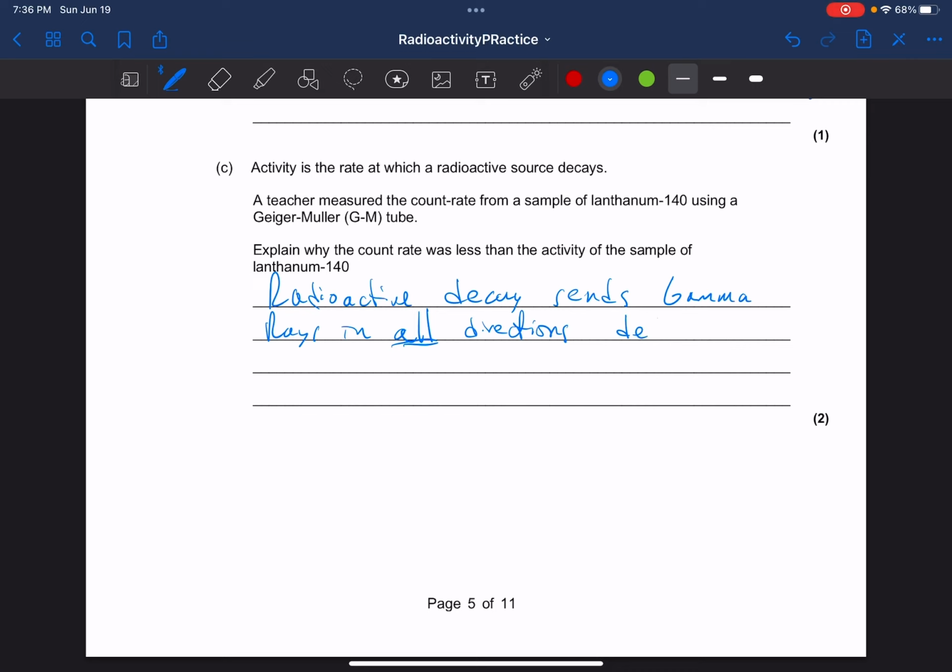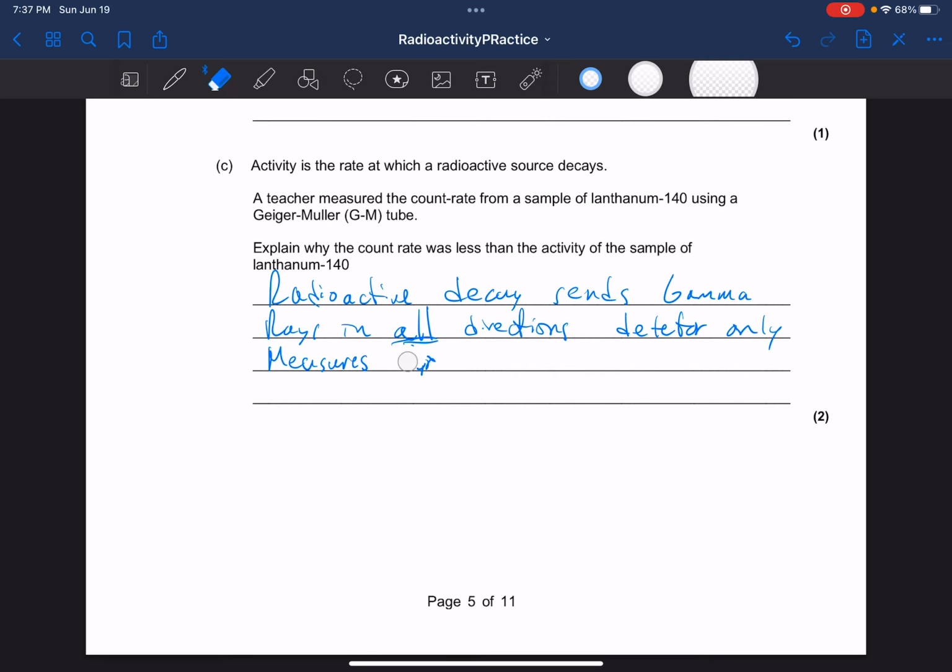The detector only measures, I'm going to rephrase this, I'm going to say it only measures a small cross-section of the area.